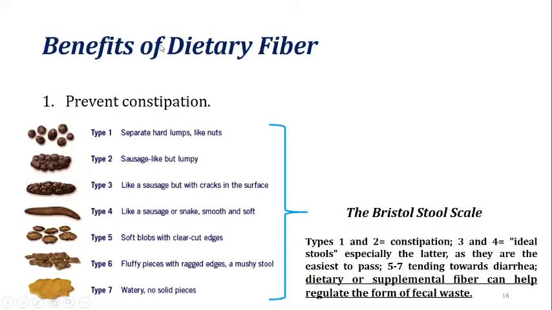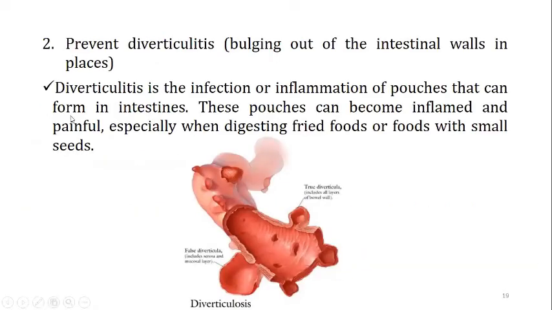This is one of the major benefits of dietary fiber: preventing constipation. Then the second important fact about dietary fiber is that it helps to prevent diverticulitis. Diverticulum, or its plural form, diverticula.